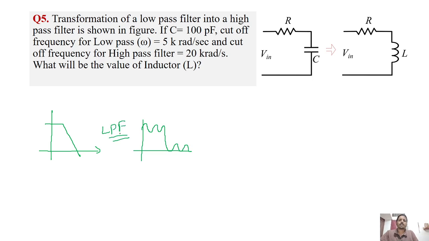Everywhere the transfer function is defined, it is only for low pass filter. Have you seen that? It is all low pass. So how will we define Butterworth and Chebyshev for the high pass, band pass and band notch filter? That is difficult.